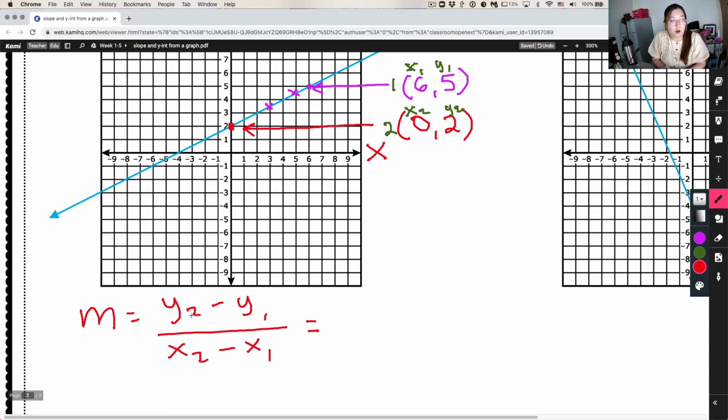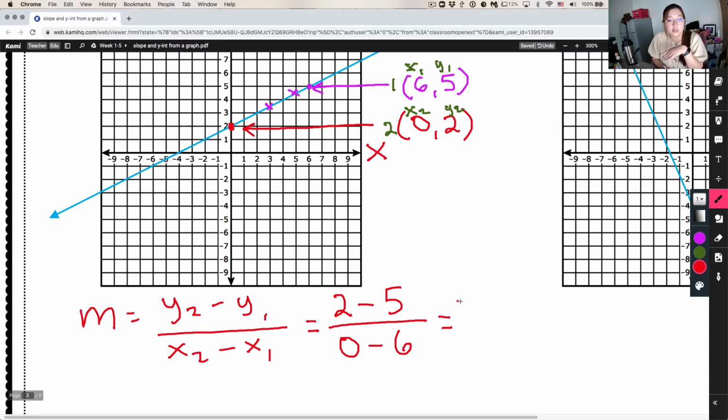Okay? Our y2, what is it? Aha! It's 2. So 2 minus y1 is 5. 2 minus 5 divided by x2 minus x1. x2 is 0. x1 is 6, so 0 minus 6.